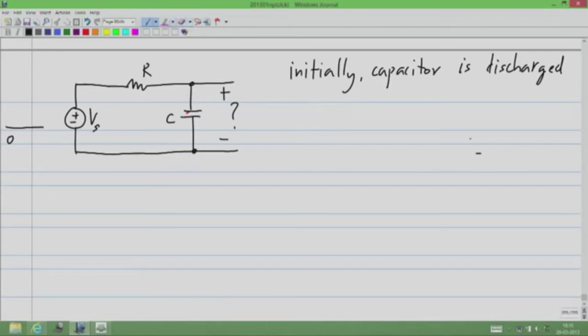Clearly in that case what happens is that the capacitor voltage is 0, and because Vs is 0, no current flows through the resistor, which means no current through the capacitor. So if there is no current through the capacitor, its voltage cannot change. Okay, so in this case the voltage remains at 0 if the input is 0.